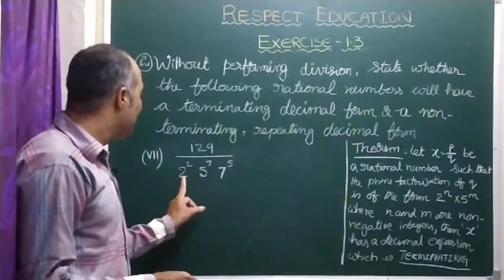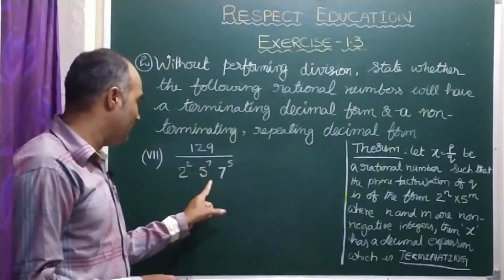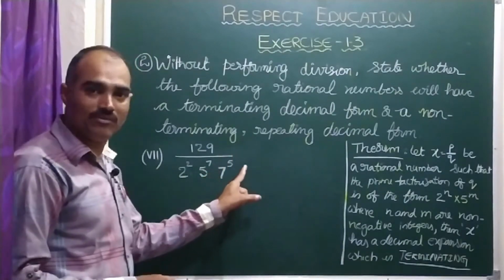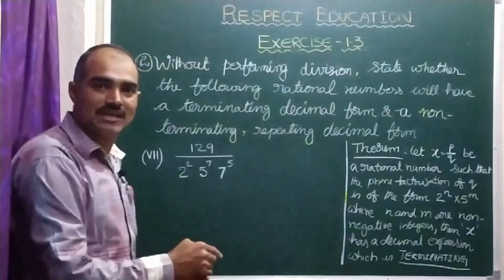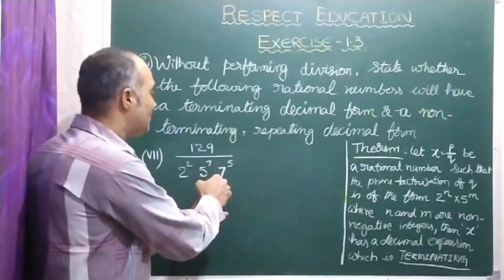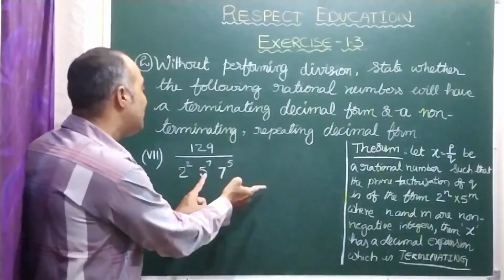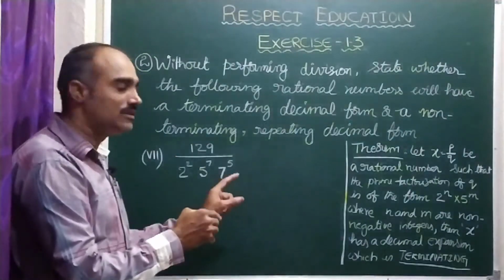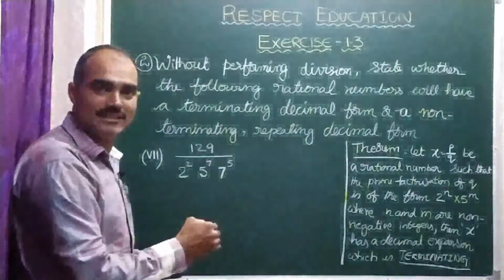You see here it is 2 power n into 5 power m, so the excess value is 7 power 5. Sometimes it may be cancelled with the numerator, children. Okay, that is what you need to take care of here. Here you just observe 7 power 5 means 7 into 7 into 7 into 7 into 7. No 7 can cancel 129. So in this case no cancellation is there, right?